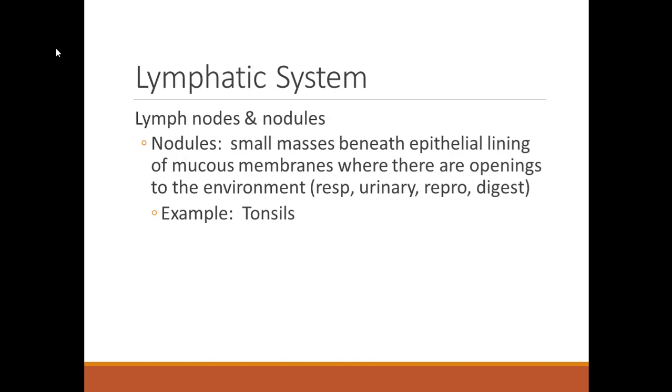We kind of went over this. Nodules are like small masses where there's an opening to the environment, whether it's the respiratory, urinary, reproductive, or digestive system. So an example of a lymph nodule is the tonsils.